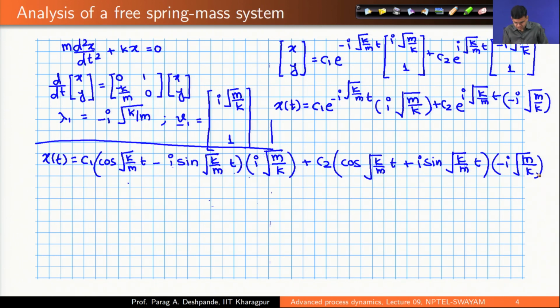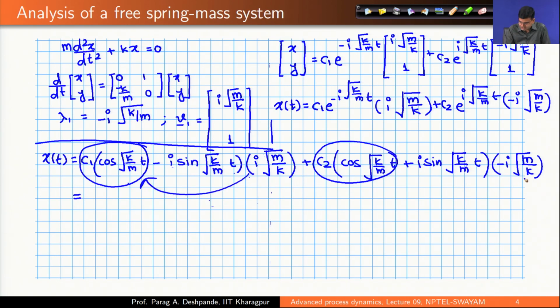Still the solution is not very elegant, so I will do further rearrangement. I will take this part and this part together, and then this part and this part together.